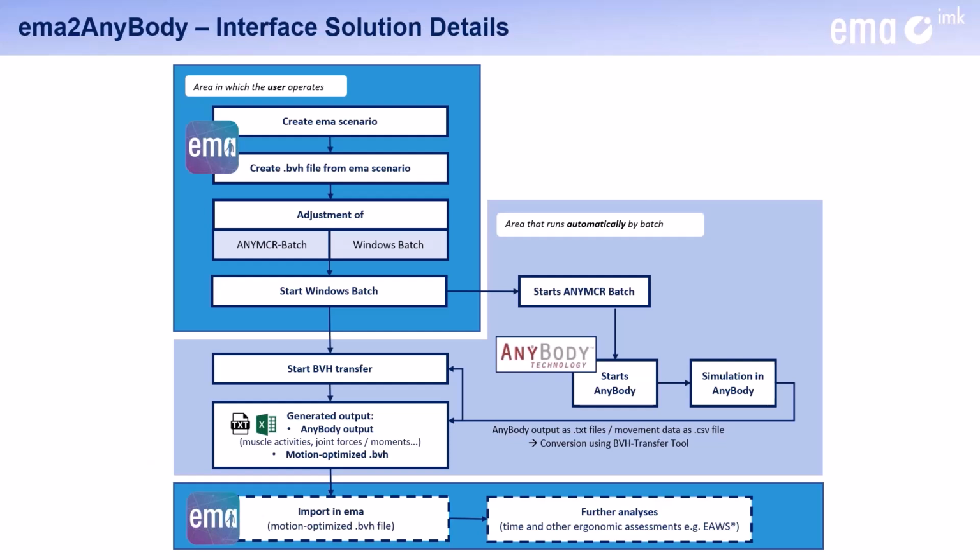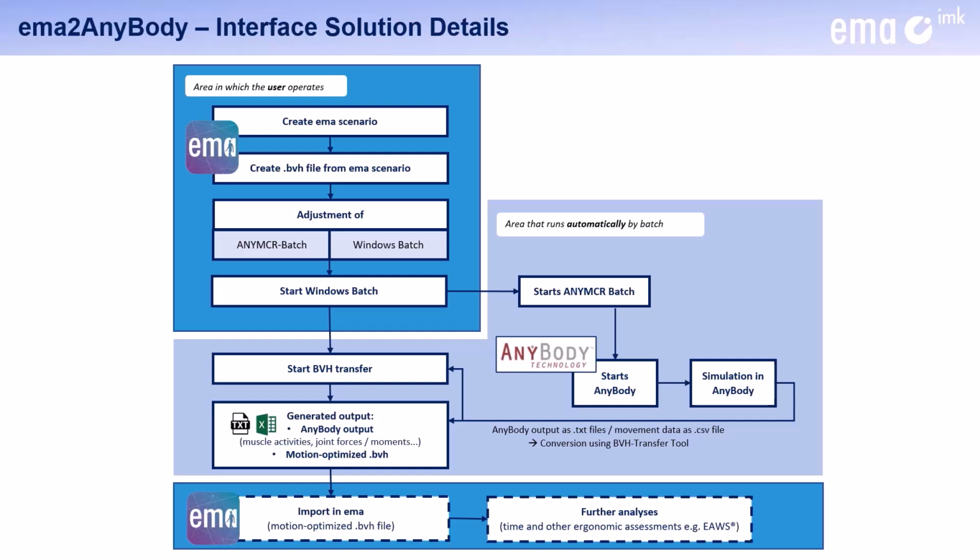And maybe one short PowerPoint slide on how the interface works. In the research project we created some tools with the aim of having a very user-friendly connection between both systems without many clicks.